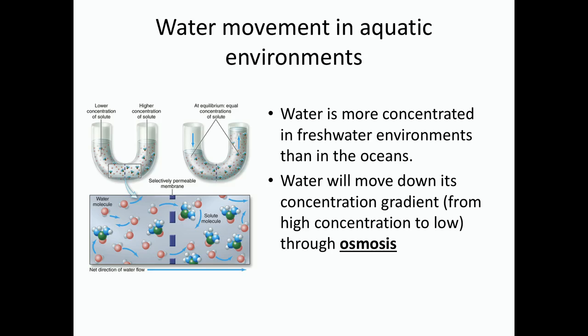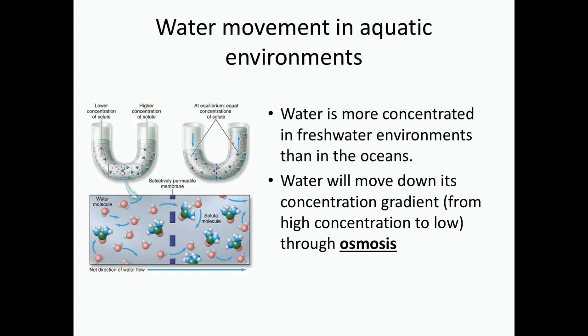And this is why. So water with high concentration of things dissolved in it, so high salt concentration or high concentration of anything else that's dissolved in it, has a lower concentration of water. So water is more concentrated in a freshwater environment than it is in the oceans, for instance.